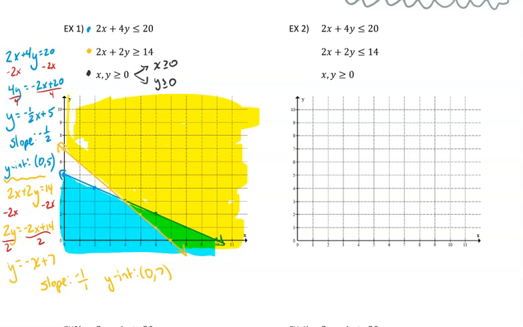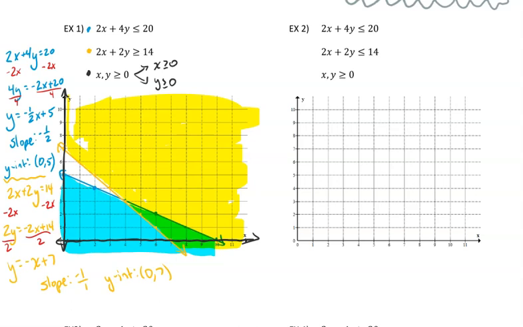Well, if we did graph that, X is greater than or equal to 0 is just the Y-axis. Y is greater than or equal to 0 is the X-axis. And if we want X is greater than or equal to 0, that means we want everything to the right of the Y-axis.